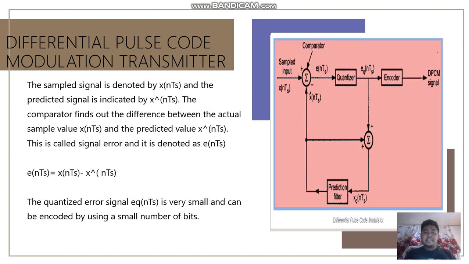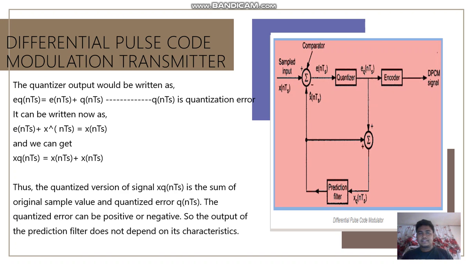The comparator finds the difference between the actual sample value x(nTs) and the predicted value x^(nTs). This is called the signal error and it is denoted as e(nTs). e(nTs) is equal to x(nTs) minus x^(nTs). The quantized error signal eq(nTs) is very small and can be encoded using a small number of bits.